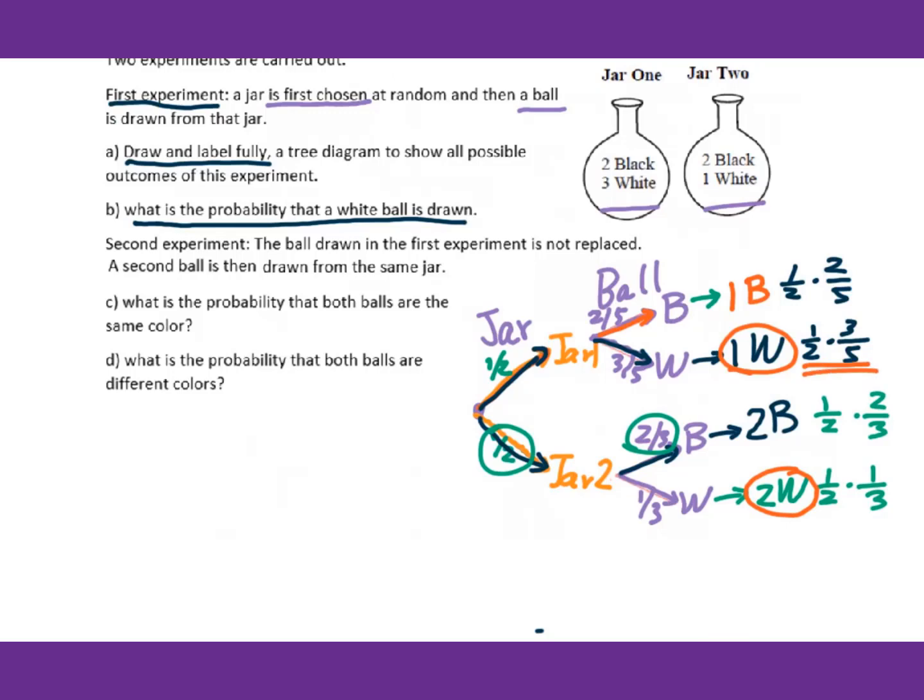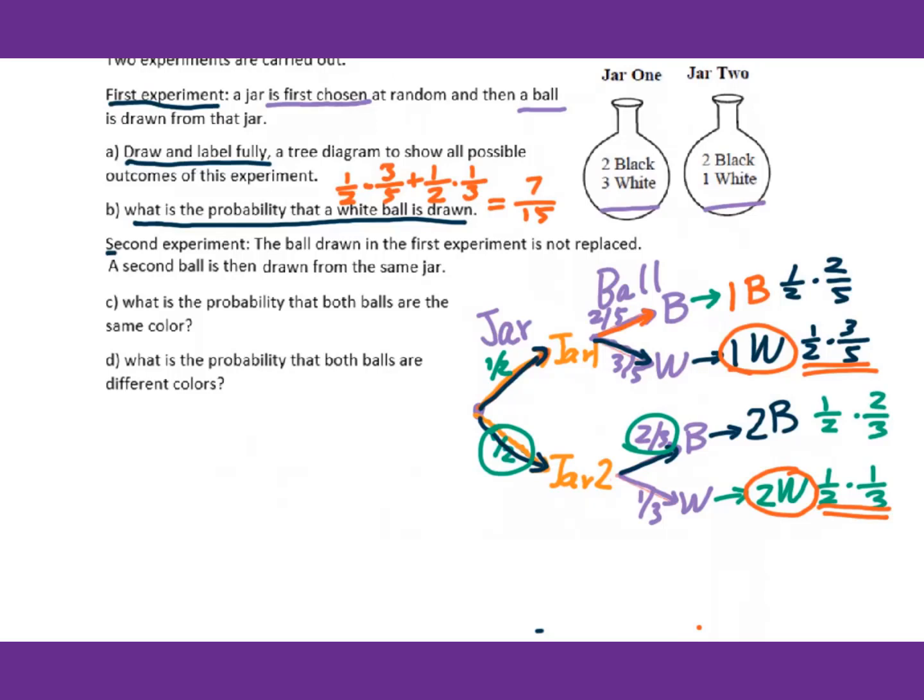So this one we add together. You will get 1/2 times 3/5 plus 1/2 times 1/3. Put into calculator, you will get 7/15.